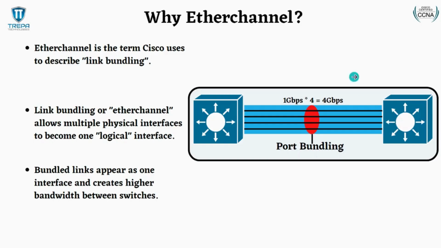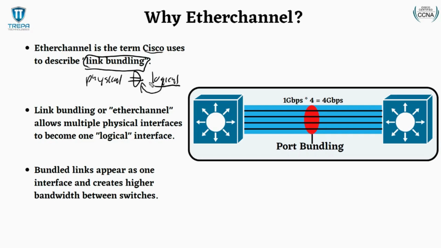So first, why EtherChannel? Why do we need this link bundling technology? EtherChannel is just the term Cisco uses to describe what we call link bundling: essentially taking physical interfaces and combining all those physical interfaces into one logical link that is the sum of the total bandwidth of all these physical links.